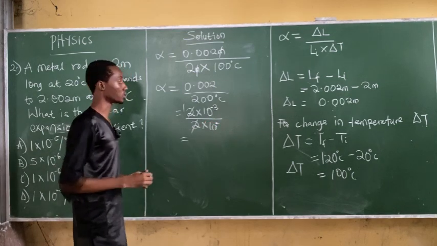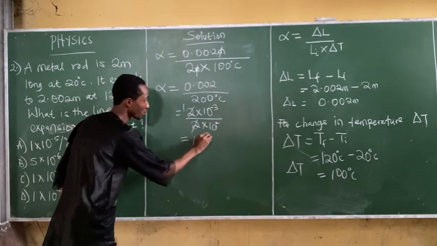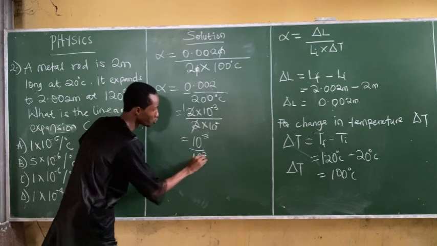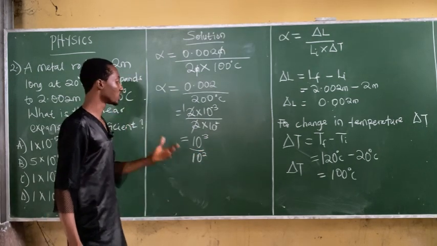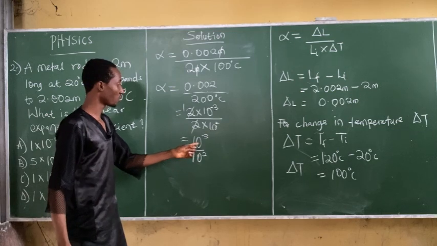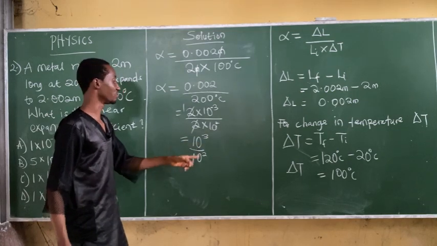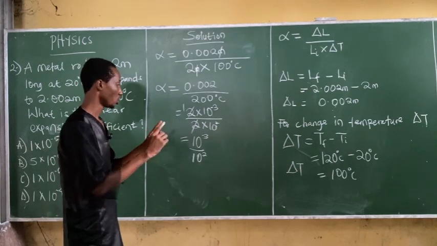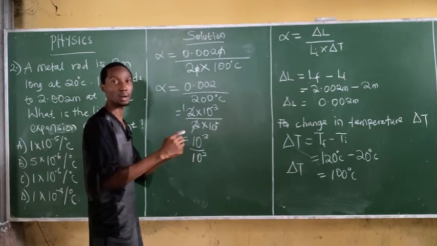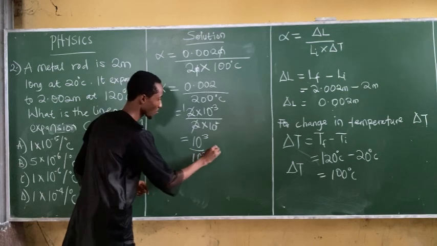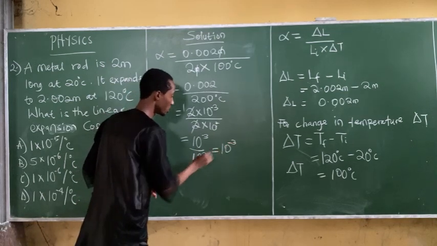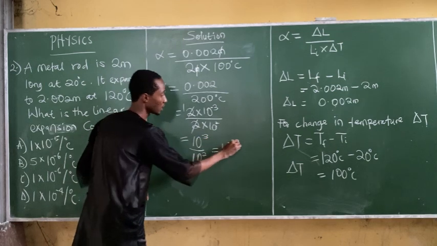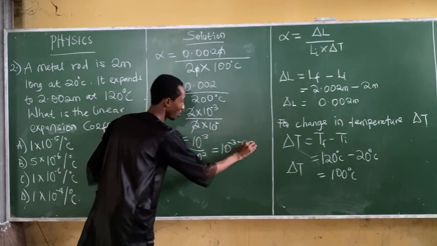From laws of indices, when two values with the same base are divided, you pick one of the base and you subtract the powers. So we pick one of the base and we subtract the power, which is minus 3 minus plus 2.